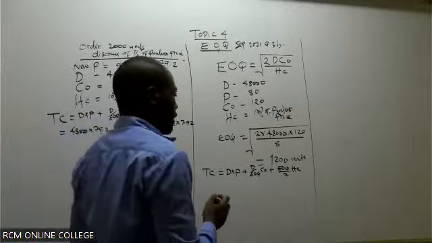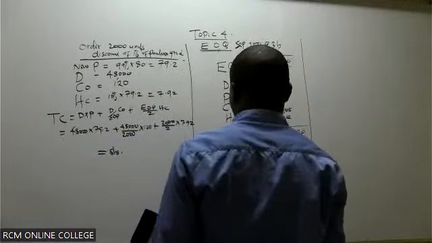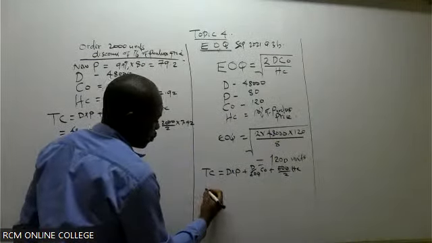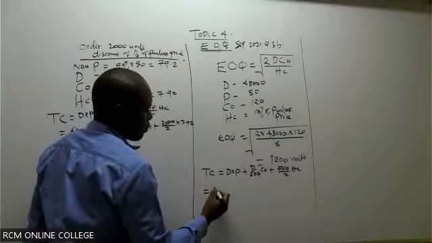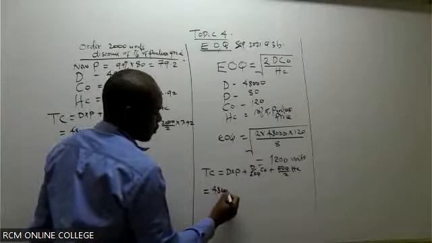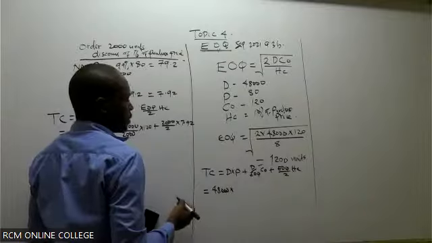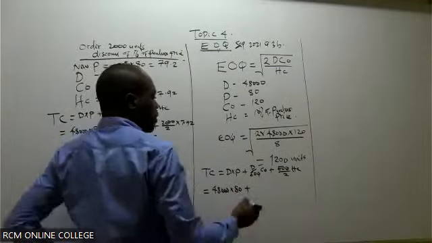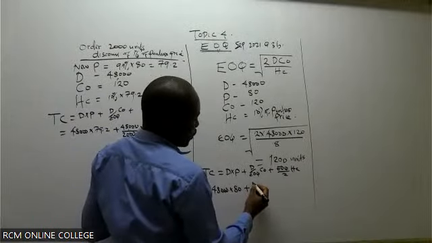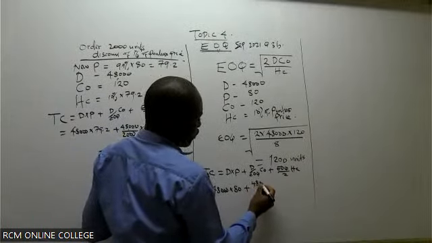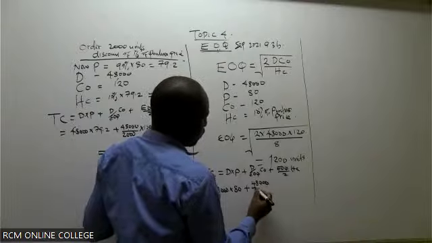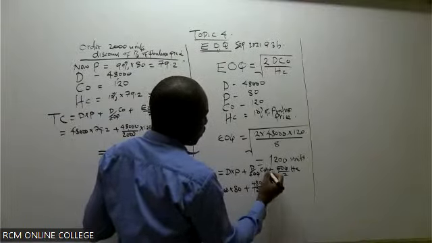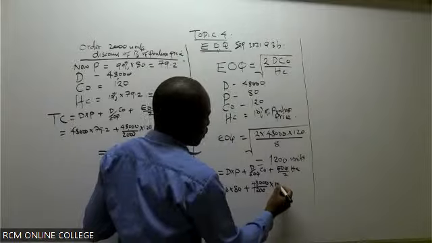I will come and do the same to this one here. So total cost is equal to demand, which is 48,000, multiplied by purchase price, which is 80, plus demand, which is 48,000, divided by economic order quantity, which is 1,200, times ordering cost, which is 120.